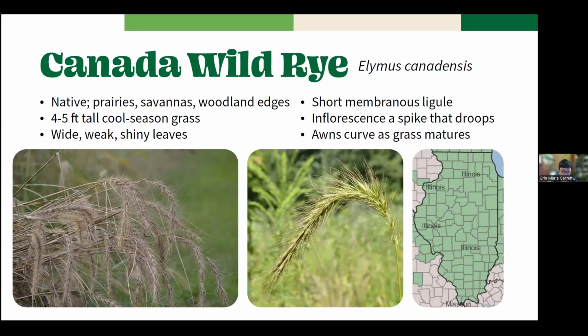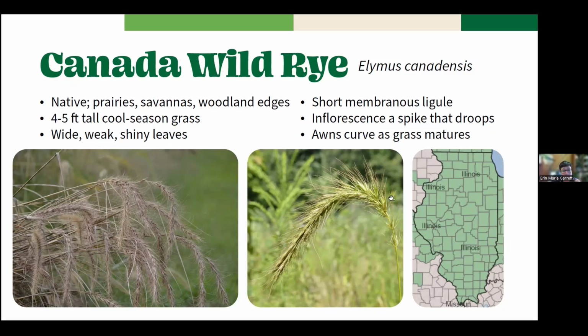And just like the other ryes that we looked at yesterday, the leaves are what we describe as weak leaves. These are thin. They are shiny, but we'll look at that in a second, as well as the shape of the spike and the form of the awns. So in the case of wild rye, you're going to have a spike inflorescence and it's going to droop. As it's emerging, it might be held straight up, but if you give it some time, you can see it strongly droops in both of these pictures.